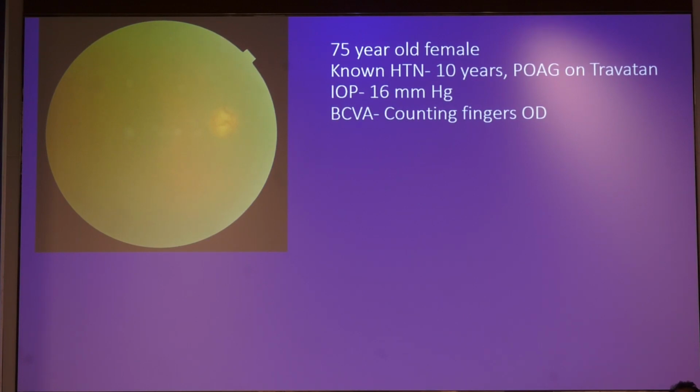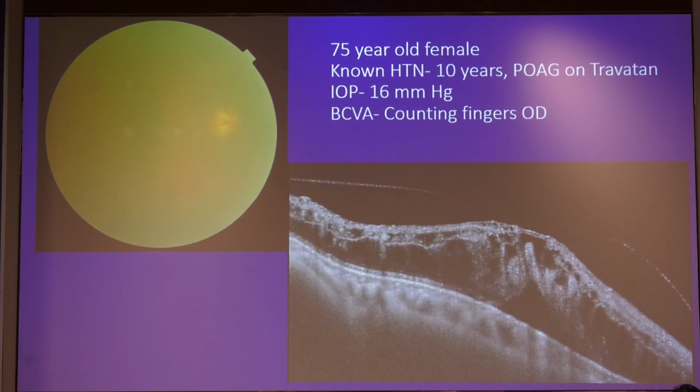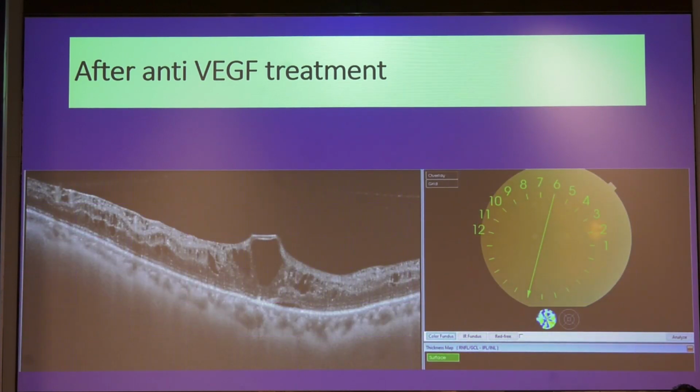As you can see, the disc was suspicious, and there were some anastomosing vessels at the disc margin. When an OCT was done, it showed disc edema with traction over the fovea. She was treated with anti-VEGF agents, and post-anti-VEGF, there was vitreomacular traction. So she underwent cataract surgery along with vitrectomy.